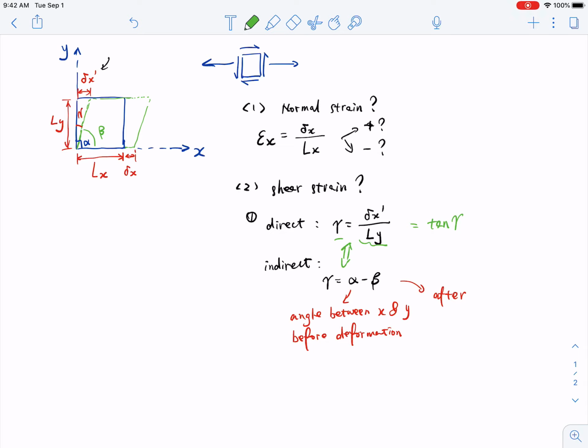Only when this gamma is a very, very small angle. Okay.